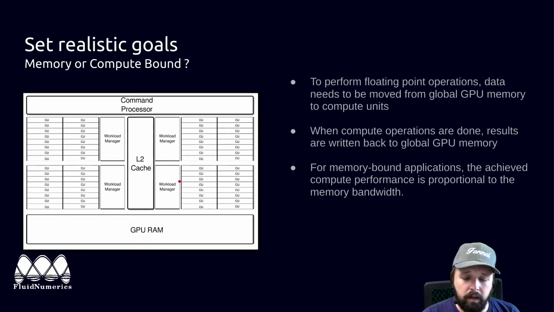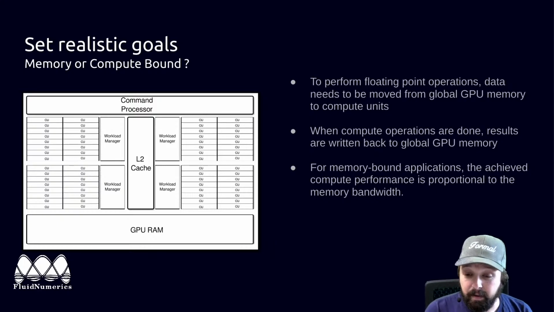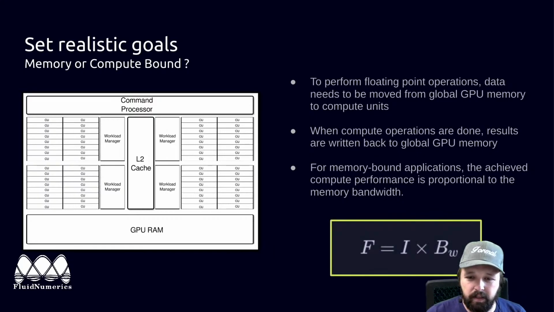So the order in which you access memory is absolutely important. The types of memory you use in the memory hierarchy is important. But it's also good to know, if I move a certain amount of memory from HBM to the compute unit, how many flops am I doing on that? That ends up determining what the peak performance is that you can actually get.